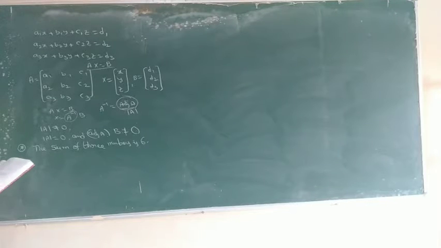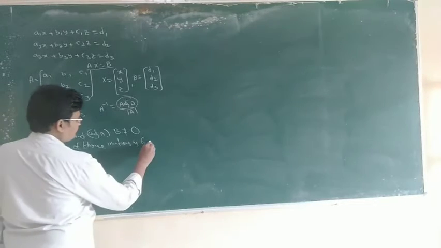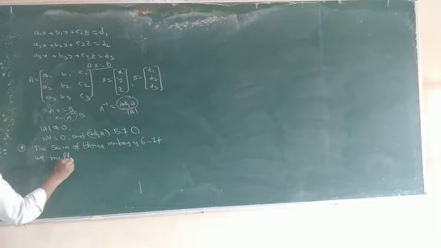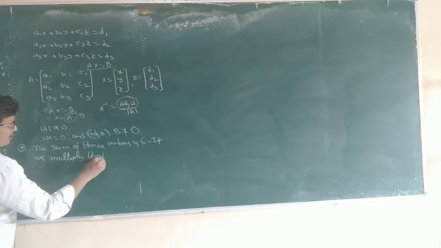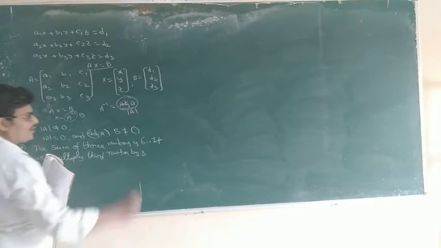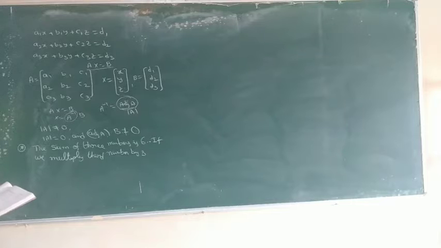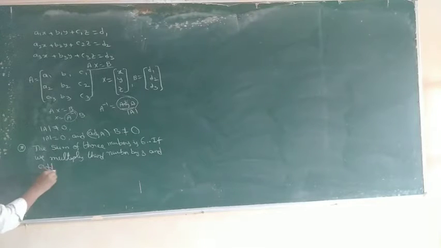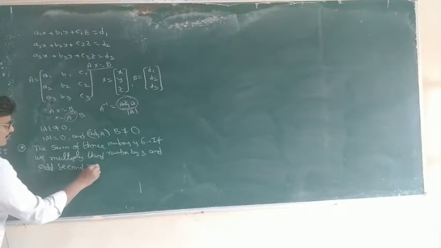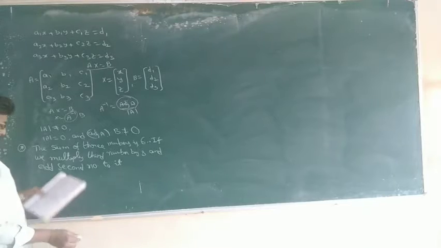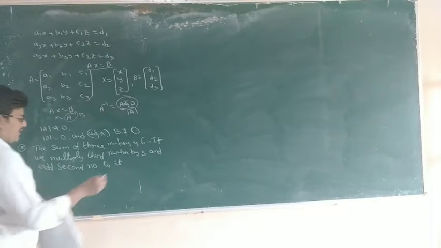Next: if you multiply the third number by 3 and add the second number to it, we get 11.